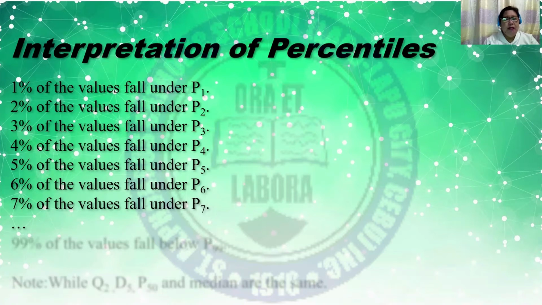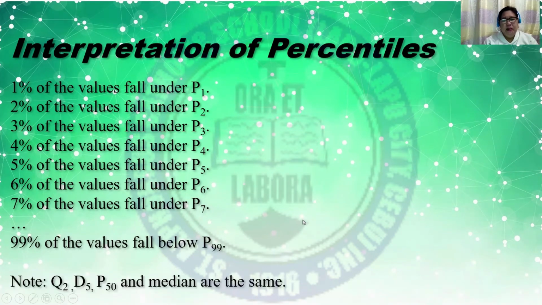For P sub 1 or the first percentile, that will mean 1% of the values fall under percentile 1. For percentile 2 or the second percentile, it means 2% of the values fall under P sub 2, until P sub 99 or the 99th percentile, which will mean 99% of the values fall below P sub 99.